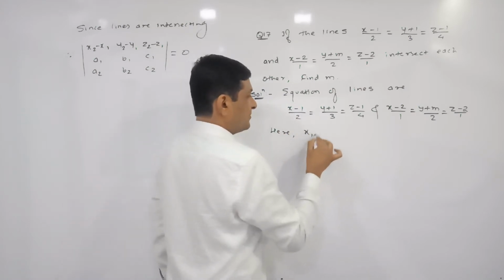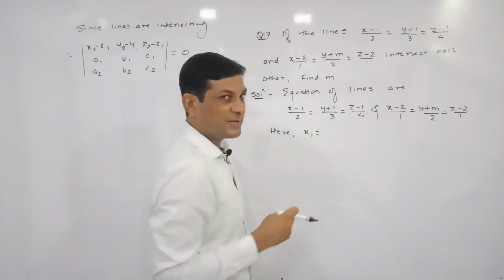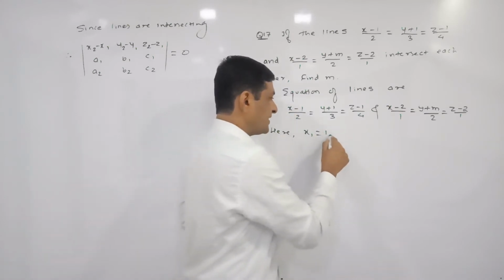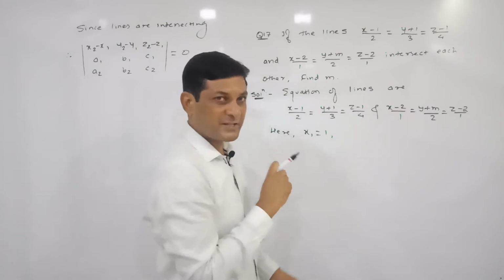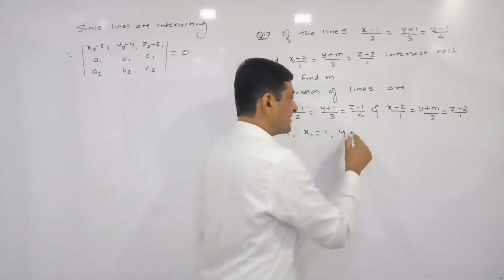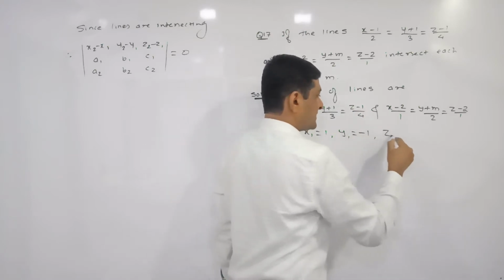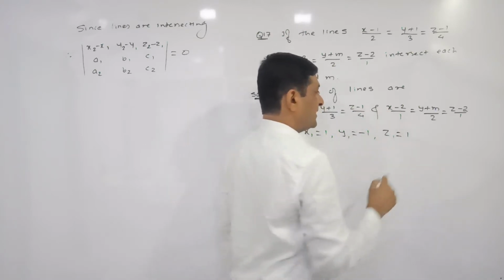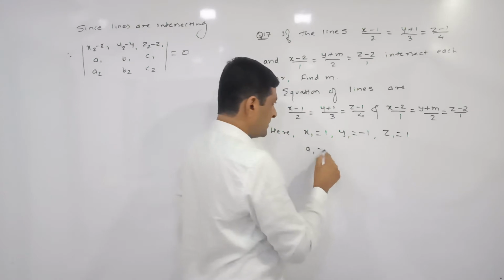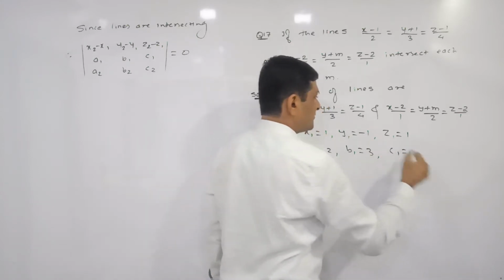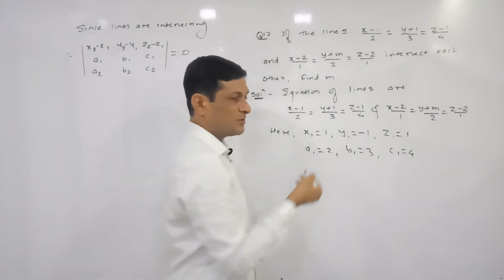So from the first equation, let us see what we get here. x1, y1, z1 are the coordinates of a point on the first line. Here -1 is there, so definitely +1 will be the x coordinate. y1 is equal to -1, this is the y coordinate, and z1 is equal to +1, and here a1 is equal to 2, b1 is equal to 3, c1 is equal to 4, which are nothing but the direction ratios of the first line.